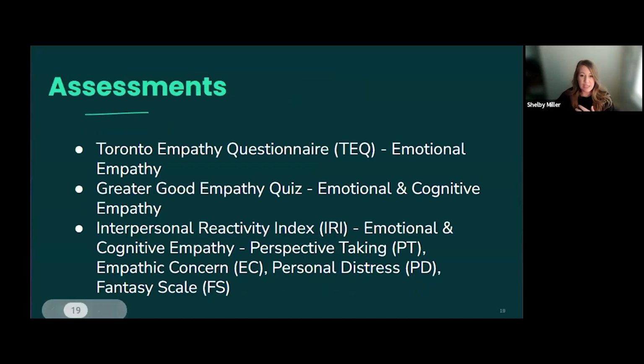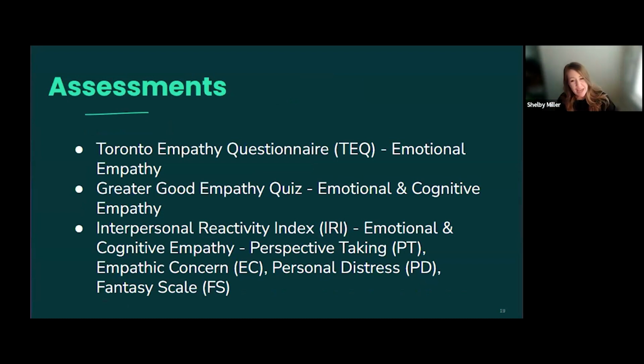So last week, before you came to class today, you got to take a few empathy assessments, and I just wanted to situate those with what we're talking about so far. I think some of you were invited to take the Toronto Empathy Questionnaire, a short self-report measure that focused on emotional empathy specifically.